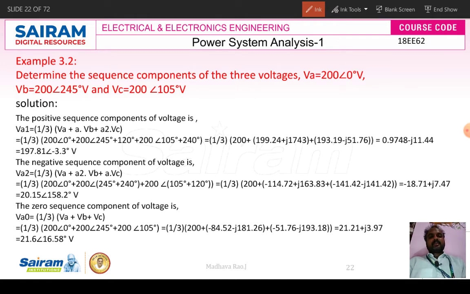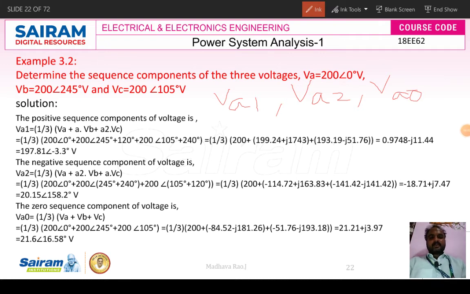Similarly here, we have to find out the positive sequence components only. What are the sequence components? VA1, VA2 and VA0.